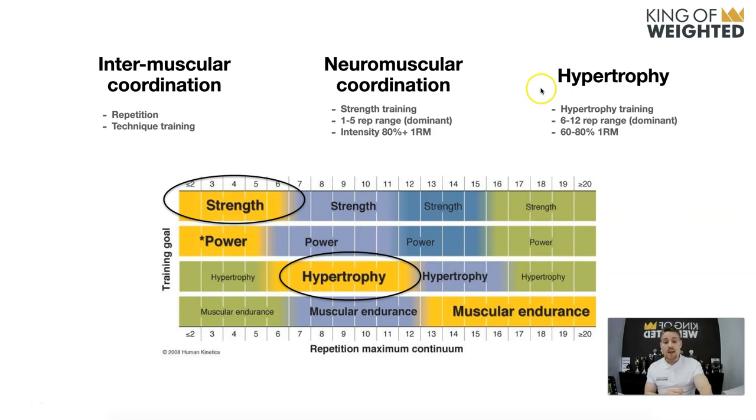So again, I want to really point out that these are no fixed borders. Just because you're doing 6 to 8 reps in a set doesn't mean that it's not stimulating neuromuscular coordination and you're not getting stronger. And if you're training in a 3 repetition max rep range, it's not that it's not providing you a hypertrophy stimulus.